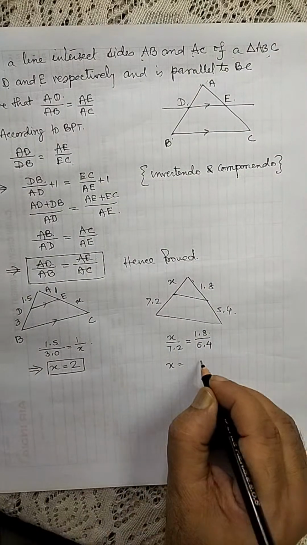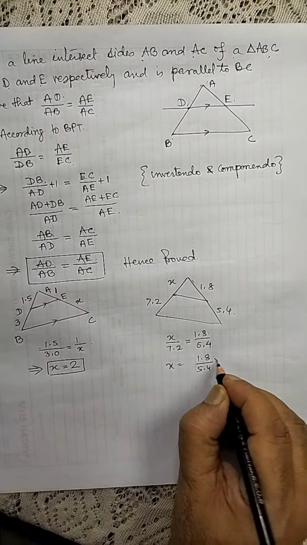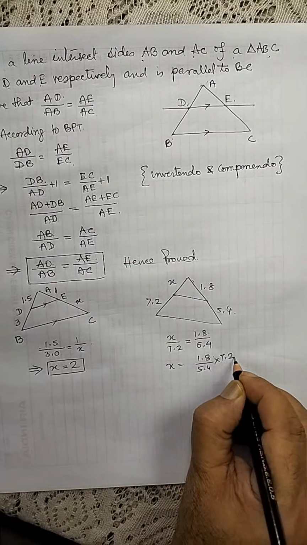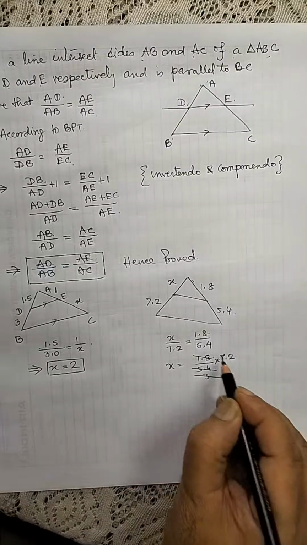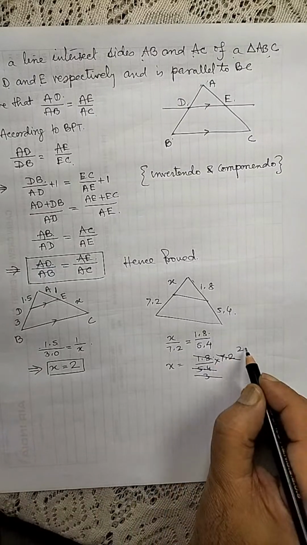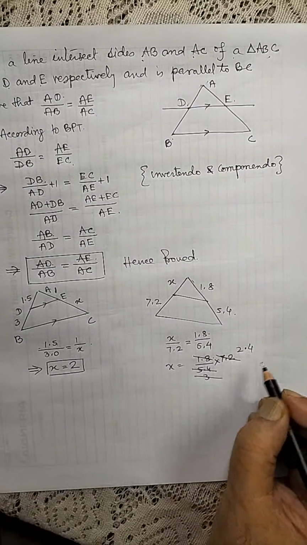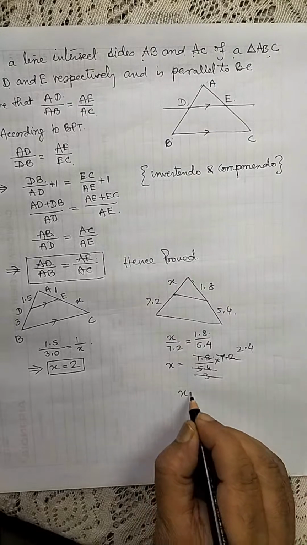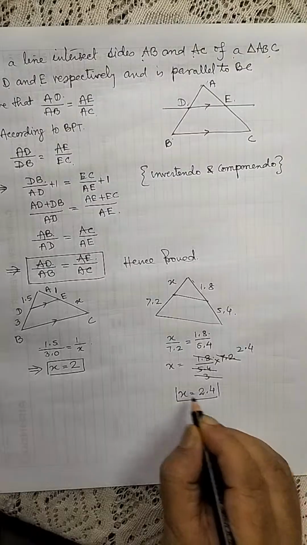Simplifying, x equals 1.8 on 5.4 times 7.2. This is thrice, and 3 sixes are 18 and 1 4 is 2.4. So in this case, x is 2.4. Fine.